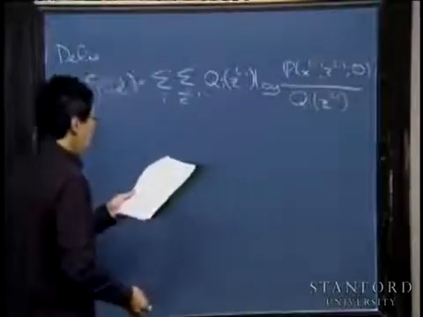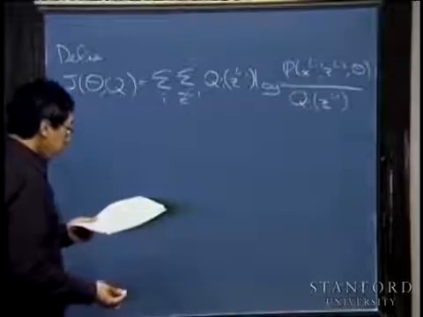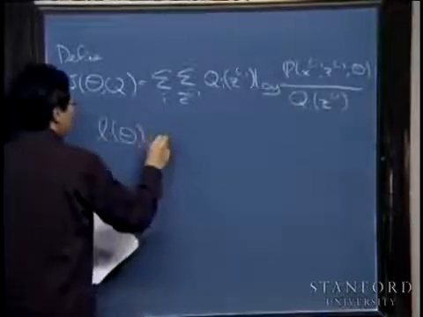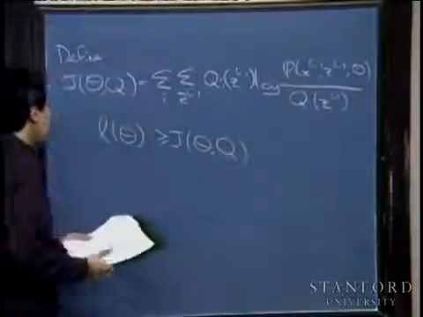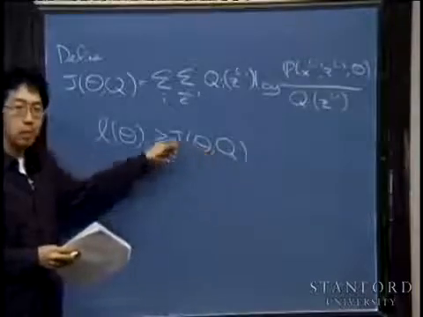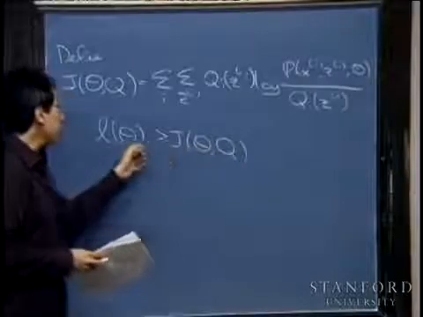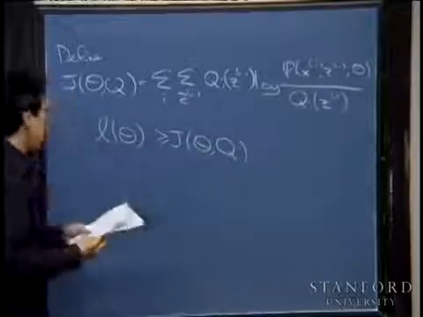Okay. And so what we proved using Jensen's inequality is that the log likelihood of theta is greater than or equal to J of theta comma q. In other words, we proved last time that for any value of theta and q, J of theta and q is a lower bound on the log likelihood.